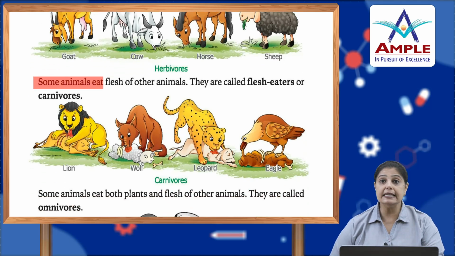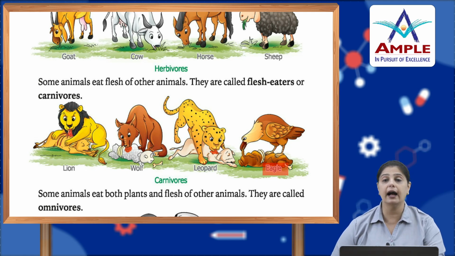Some animals eat the flesh of other animals. They are called flesh eaters or carnivores. Like the lion, the wolf, the leopard, eagle. They survive on other animals. So, they are called carnivores.